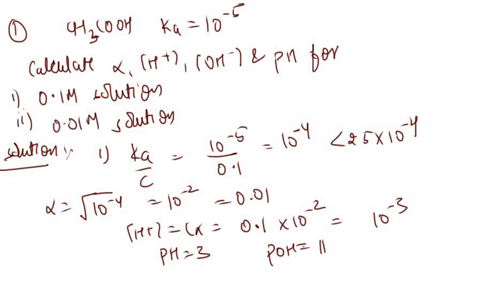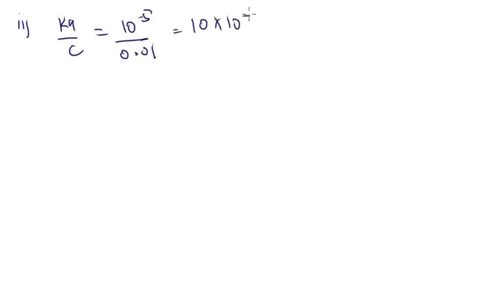Now if we have 0.01 molar of acetic acid, Ka by C comes out to be 10 to the power minus 5 divided by 0.01, and that comes out to be 10 into 10 to the power minus 4. Now 10 into 10 to the power minus 4 is also less than 25 into 10 to the power minus 4.